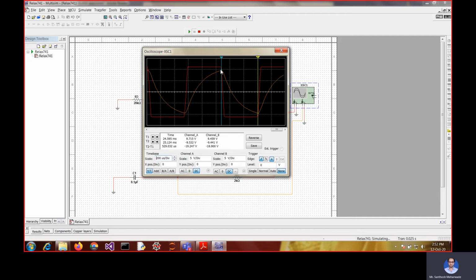Now you can see that channel A and channel B are 9.715 and 9.5, so take it as 9.7 plus 9.5 divided by 2. We will assume that it is 9.6 volt, that is the UTP. Similarly, the LTP with respect to T2, channel A and channel B, minus 9.5 and minus 9.4, so it will be minus 9.5 volt.